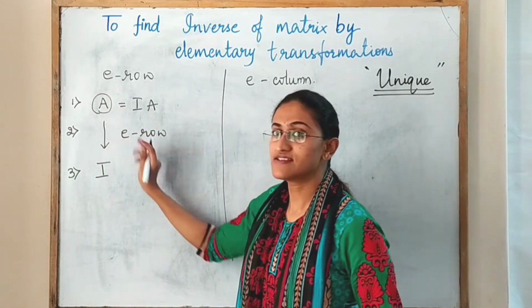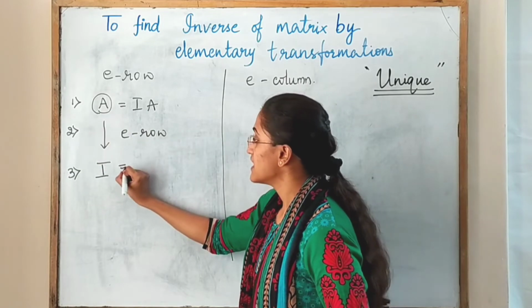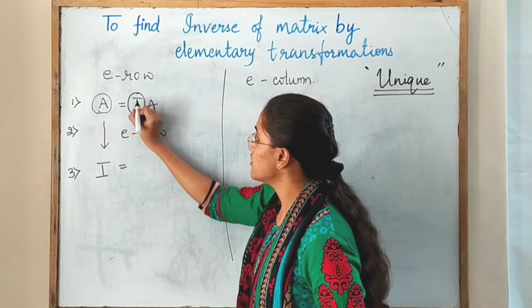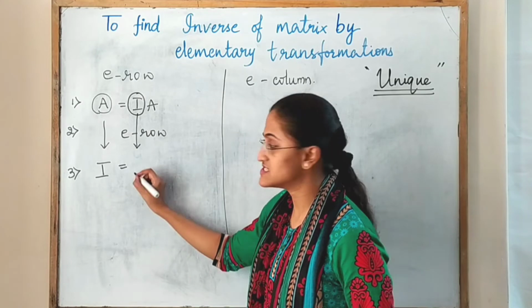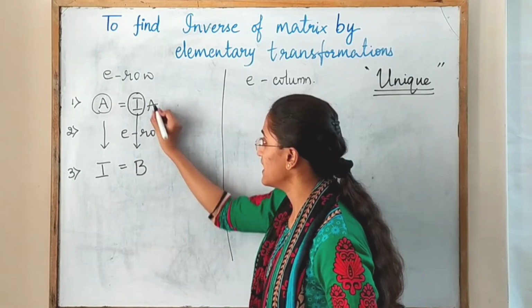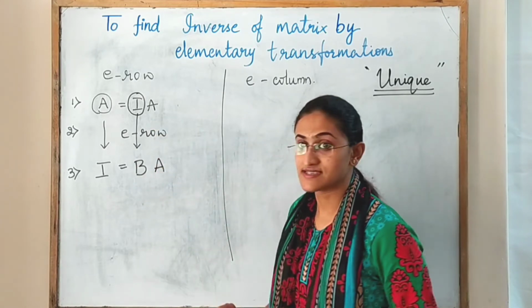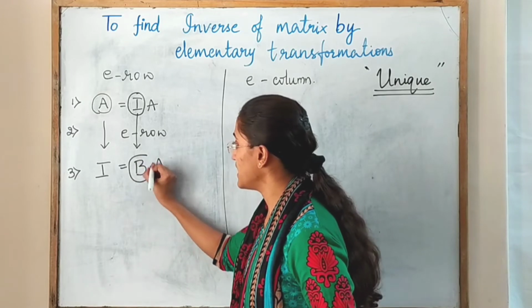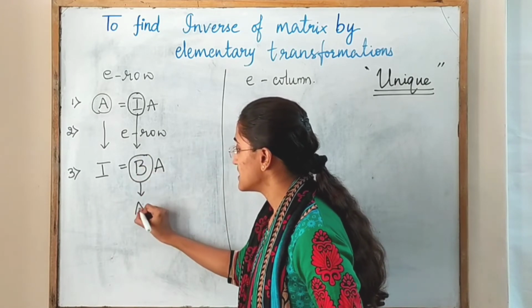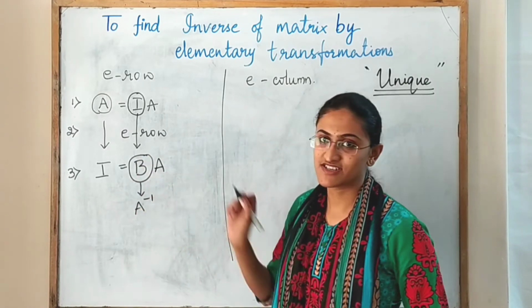When you convert it to the identity matrix, you will get a new matrix on the RHS, and we shall call it B, and A remains as it is. This new matrix B is nothing but the inverse of the matrix A.